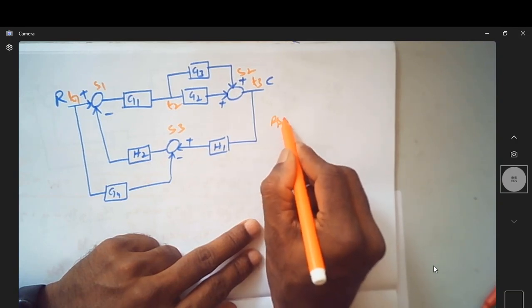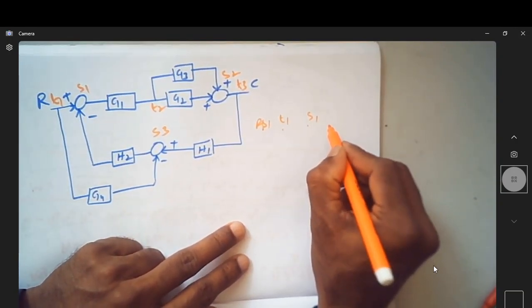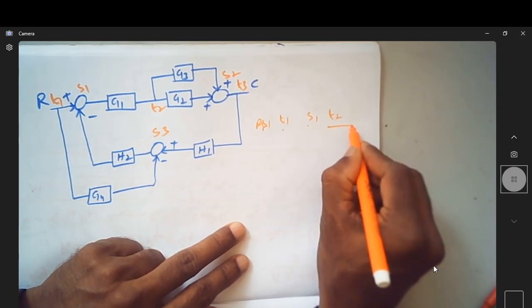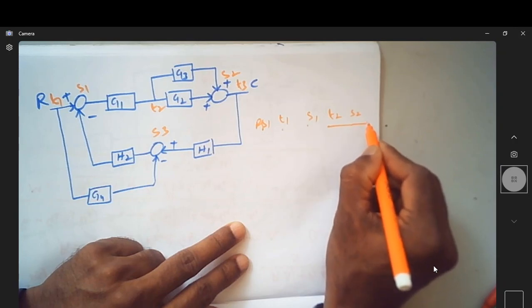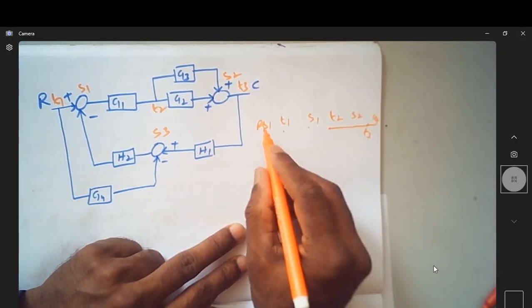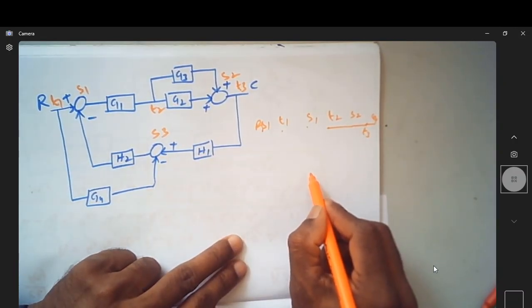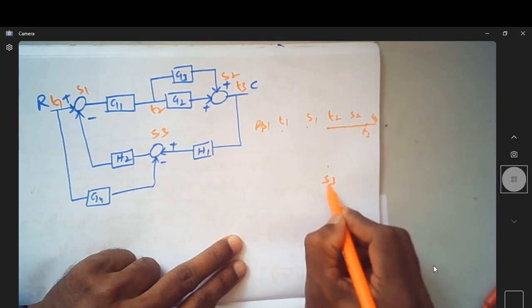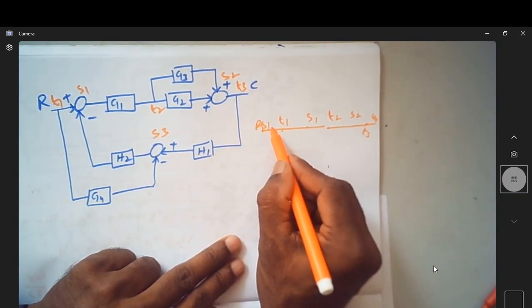RFS, T1, S1, T2, S2, T3, this is CFS, and there is one more S3.